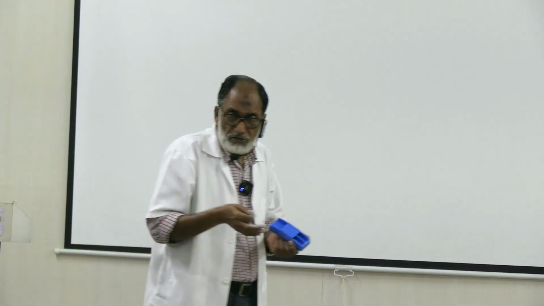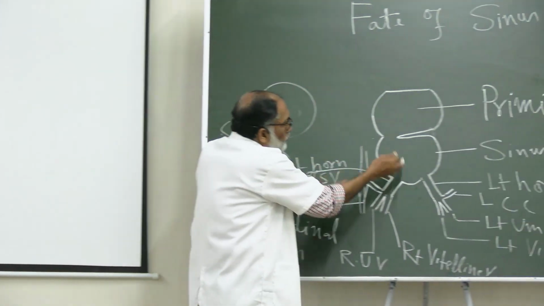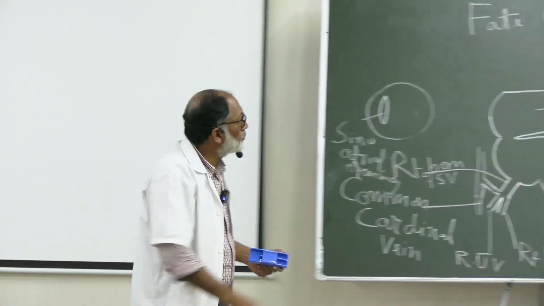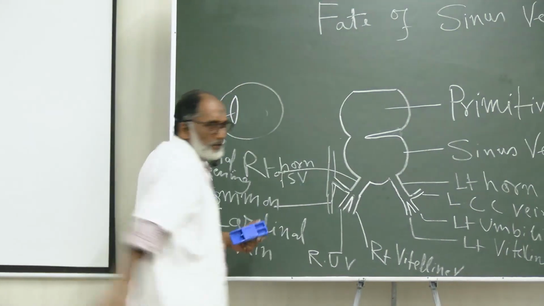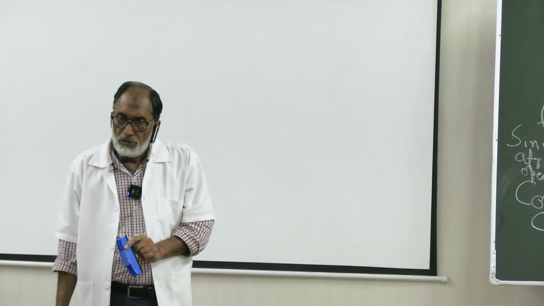Almost the entire blood which is coming through these veins comes to the right portion of the sinus venosus, and then it goes to the primitive atrium.